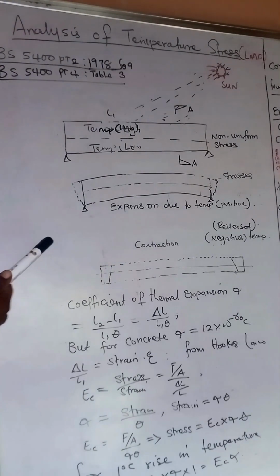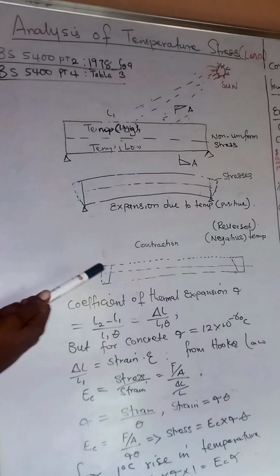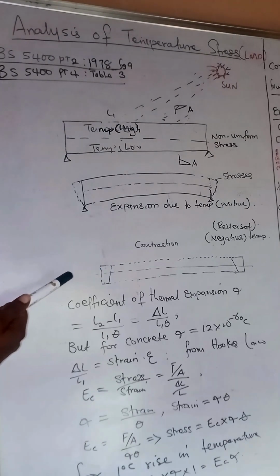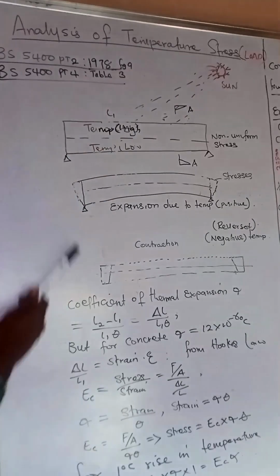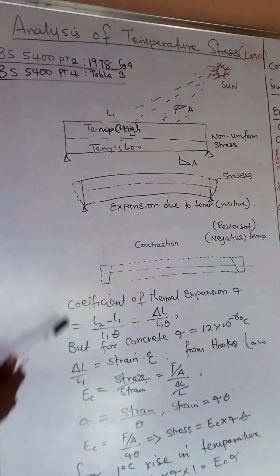So once the structure contracts, you see that there's a reduction in the size, and it's still not going to be uniform. Okay, so what we are going to be seeing is contraction and reduction of this structure due to temperature variation. So we have temperature variation which cuts across the section.